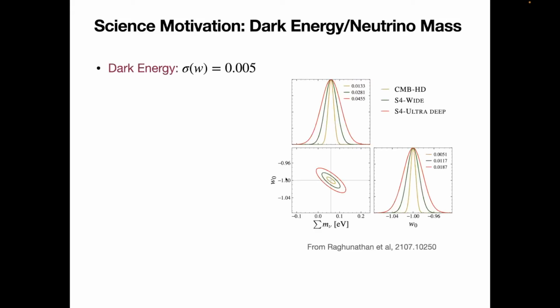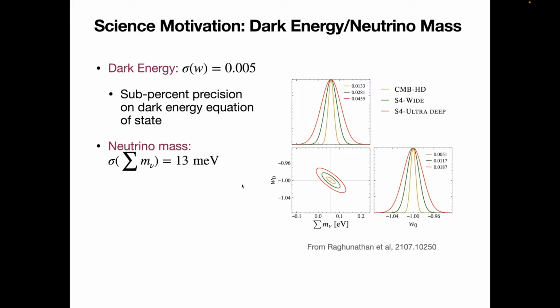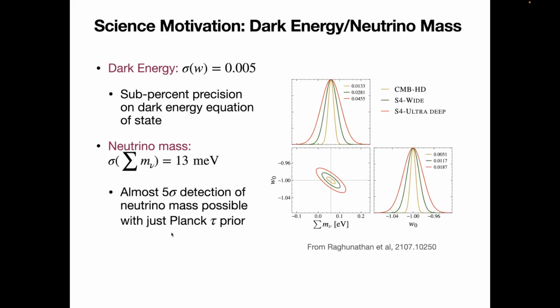And then, not a science driver, but really neat that you can do in addition, is probe dark energy. So this was work by this team here. You could probe dark energy to the sub-percent level as well as the neutrino mass. And this constraint on the neutrino mass is only assuming the current Planck tau prior, so nothing better. Of course, if you had a better tau prior from, say, LiteBIRD, that constraint would get even tighter.